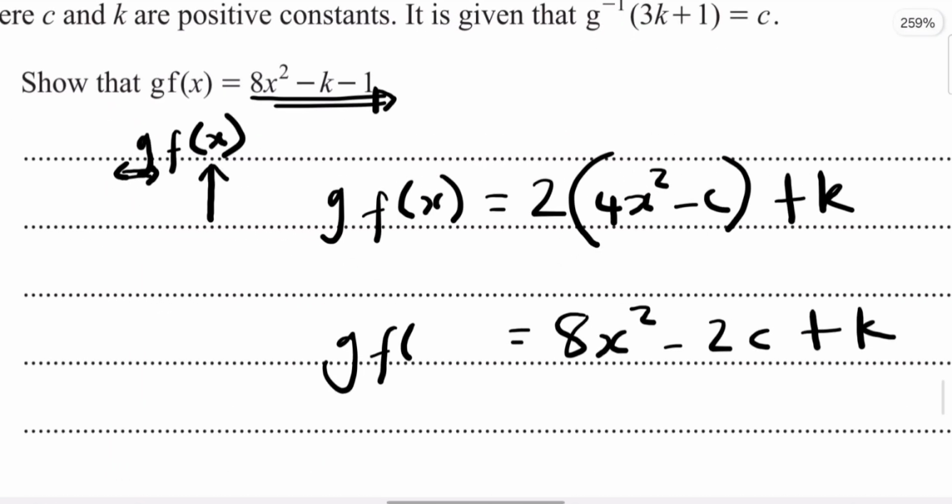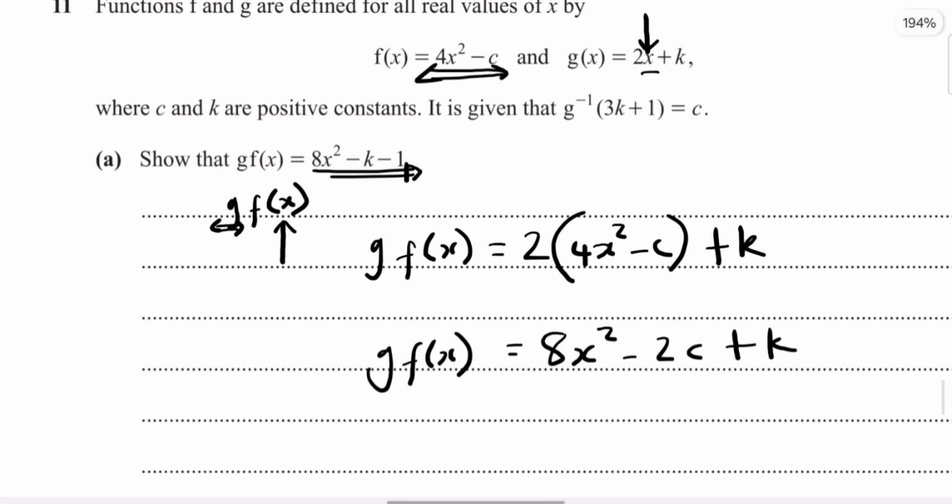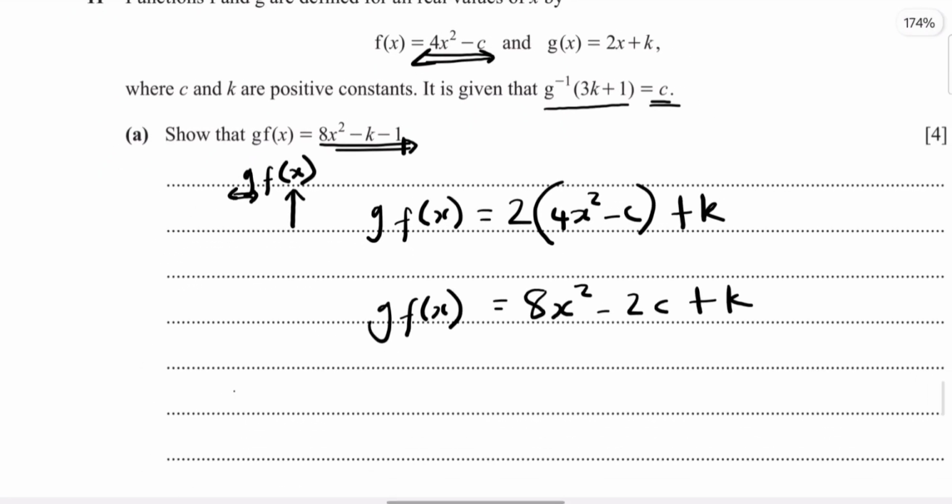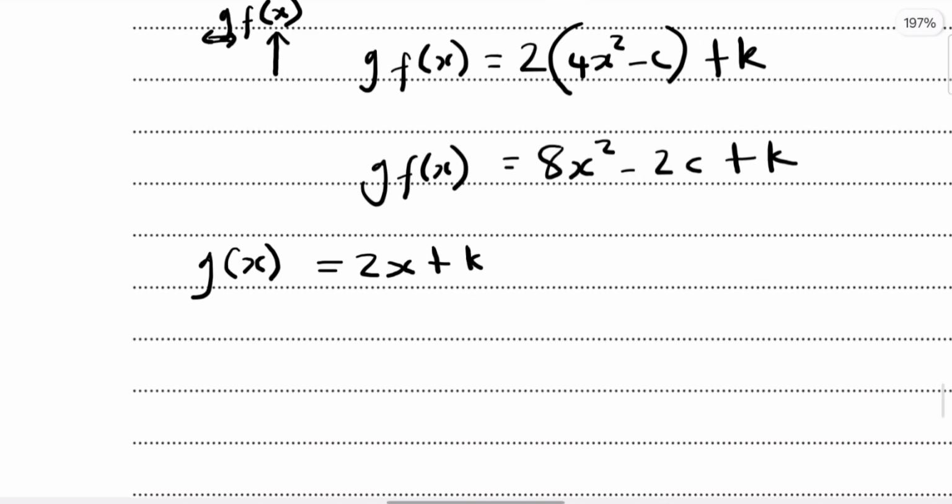This is g f of x. And we can see that we have a c here. And we're told it is the inverse of g of 3k plus 1, right? And so for that, we're going to try and get the inverse of g of x first, right? You know g of x is 2x plus k, right?